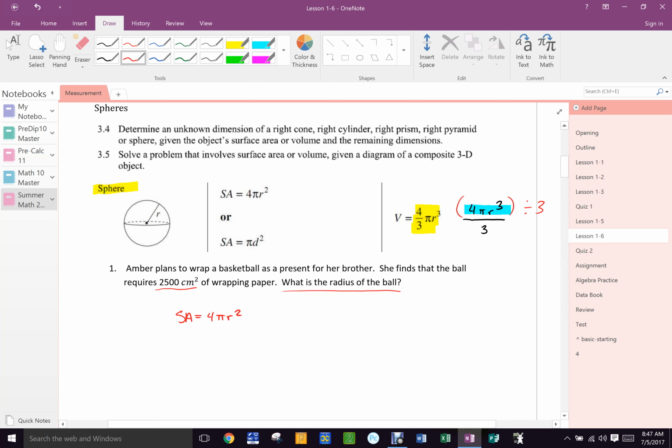So what can I write there instead of SA? 2,500 equals 4 pi r squared. I don't know r, do I? Okay, now you guys figure out r. It's a test to see how many people remember their algebra.